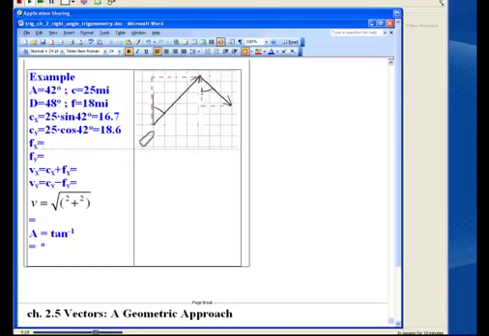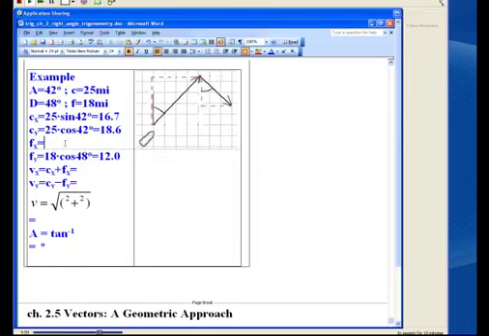Then the other vector, where we have given an angle of 48 degrees and the total length of the vector of 18 miles, we figure out what the adjacent is, which is the y component. So again, we're going to use the cosine. So we have 18 times cosine of 48, and I come up with 12.0 rounded.